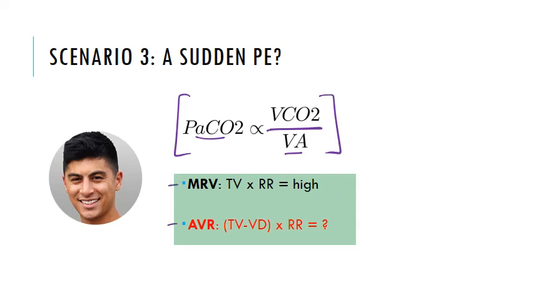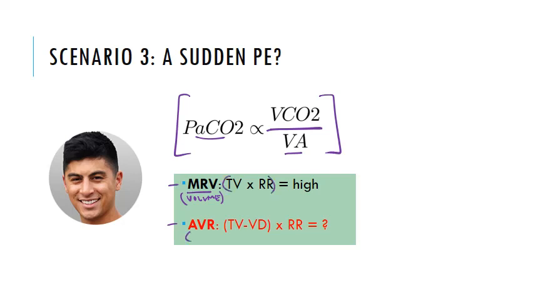We also talked about two methods of measuring and understanding inhaling and exhaling air as well as air being used for gas exchange. The first is a volume, which is the minute respiratory volume, which is tidal volume times respiratory rate.